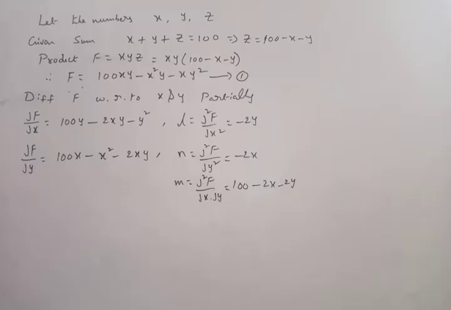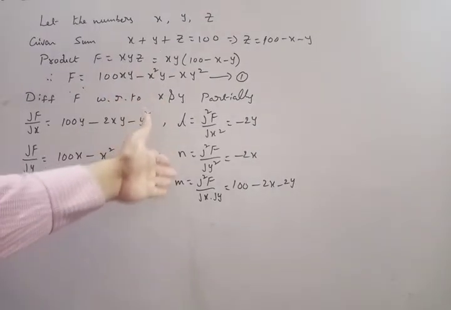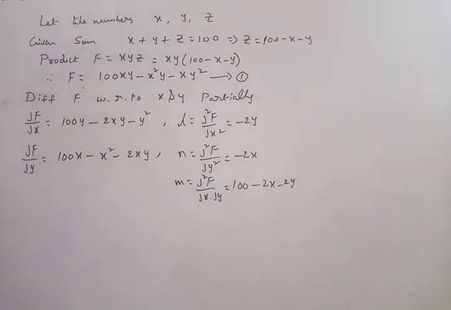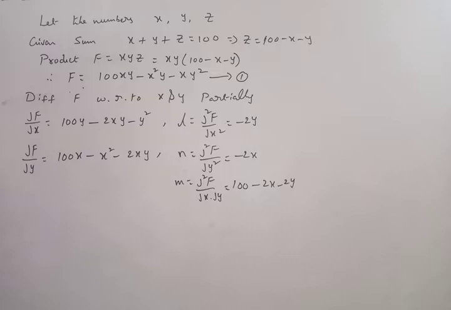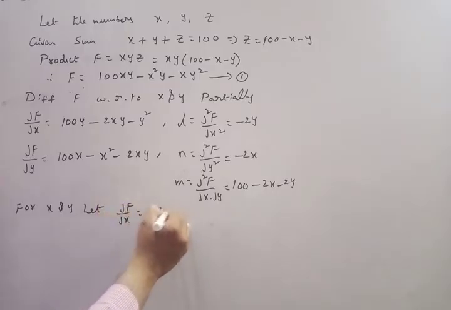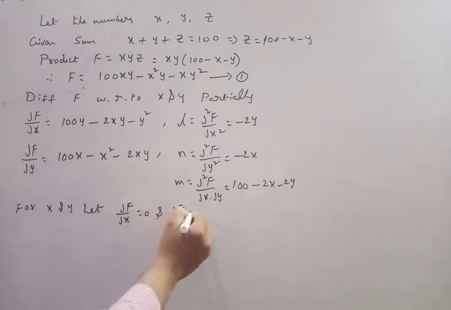Now we have to find x and y. In some textbooks it will be RTS, depending on the constants we took. For x and y, let dou f by dou x equal to 0 and dou f by dou y equal to 0.